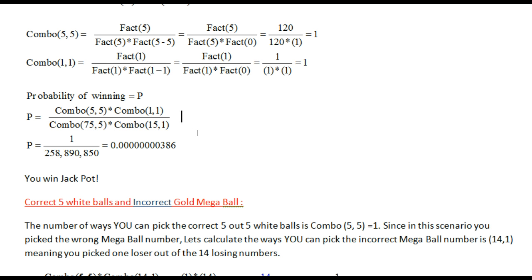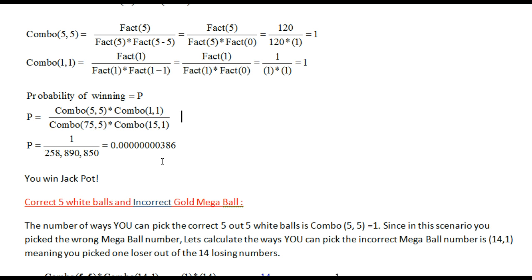In the denominator is my total possible attempts, which is the number we calculated before, 258,890,850. Therefore, the probability of me winning the jackpot is 1 in 258,890,850. And if I divide that into 1, I get the odds, and the odds are 0.00000000386.